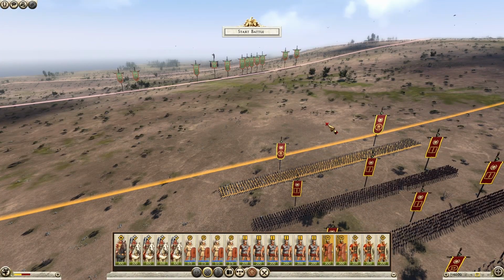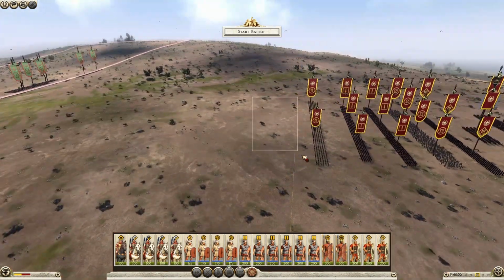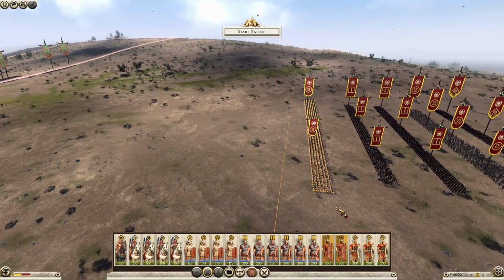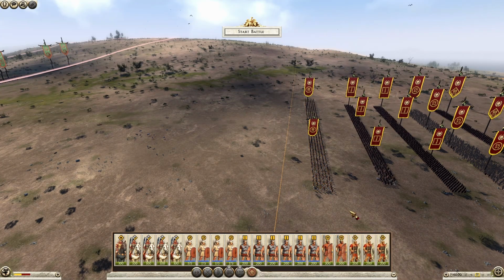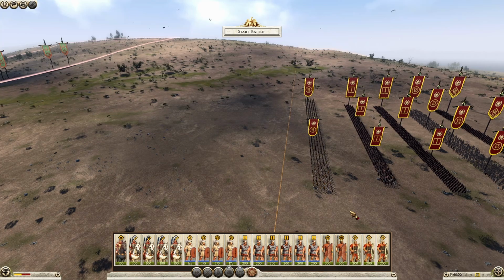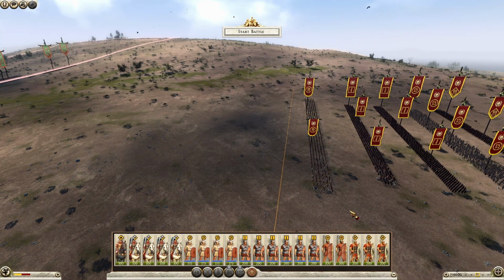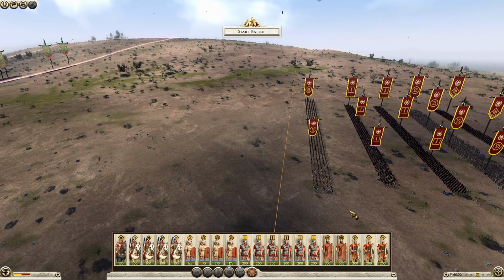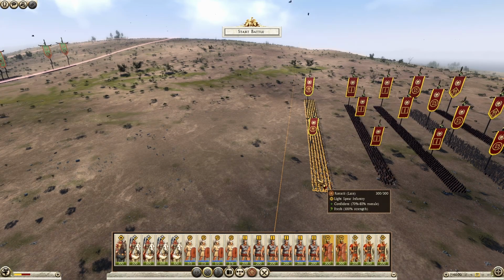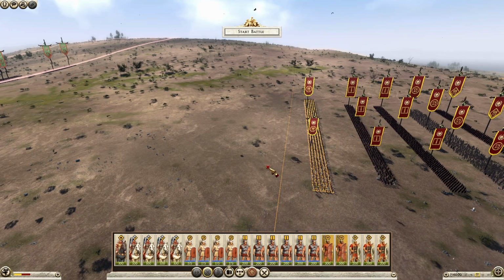Basically, they are the mid-shield unit, so they are cheap and easy to replace, and you can replace the Rorarii with any mercenary, regional recruitment or auxiliary units available to you. Just cheap, random units will fill this role very well.